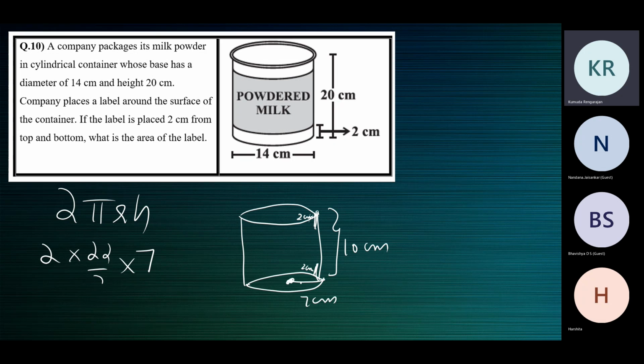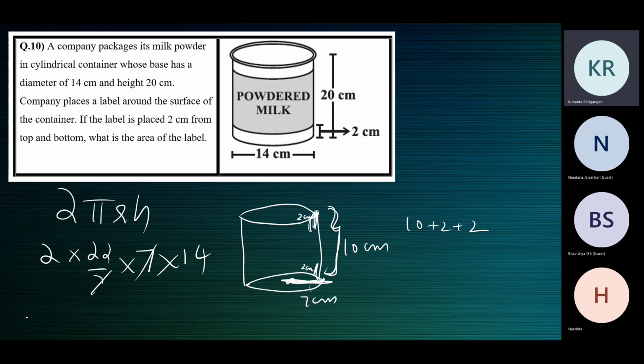It's not diameter, so this is the radius only. So 7 into height will be this total height 10, and that extra you need to tuck inside from the top and bottom. So you should add 10 plus 2 plus 2. 14 will be the height. This will be the area of paper needed. You calculate this.